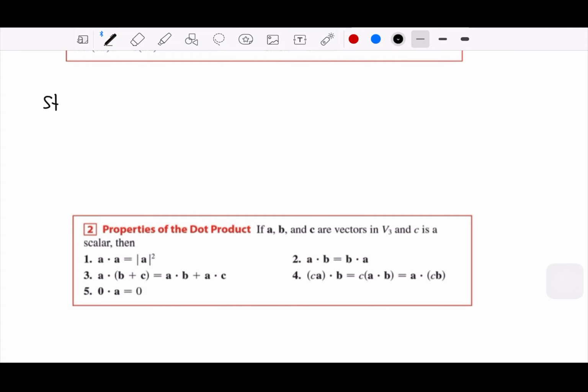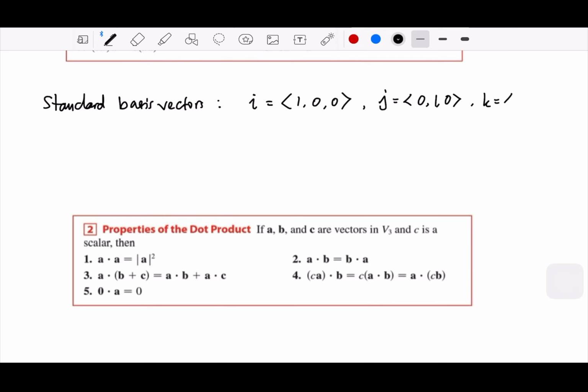We can write the standard basis vectors. Usually we can write this as i, j, k. So what are standard basis vectors?